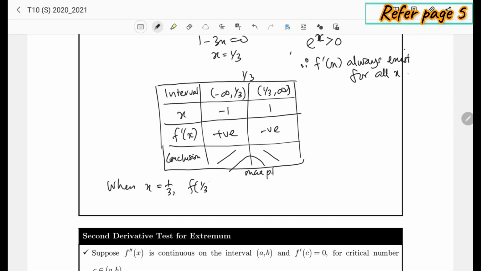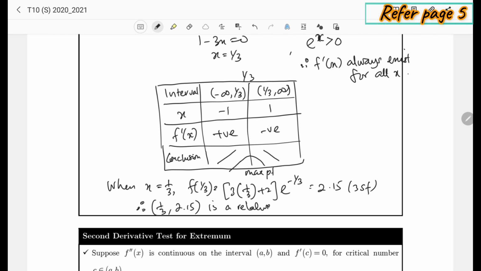So f of 1 over 3, substitute. So we will get (3 times 1 over 3 plus 2) e to the negative of 1 over 3, so 2.15 to 3 significant figures. Hence (1 over 3, 2.15) is a relative maximum point.